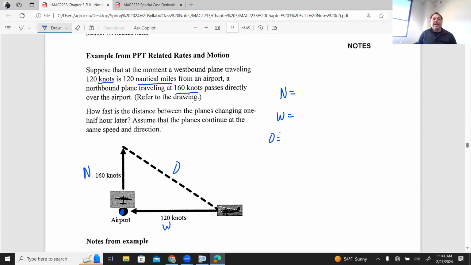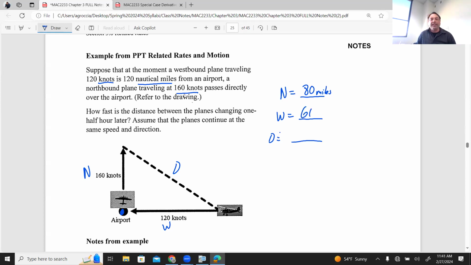Okay. Now, of these three, let's say it was given that the northbound is 80 nautical miles away. Now, it's not given in the paragraph, but it's given a little bit below. The westbound plane is 60 miles.